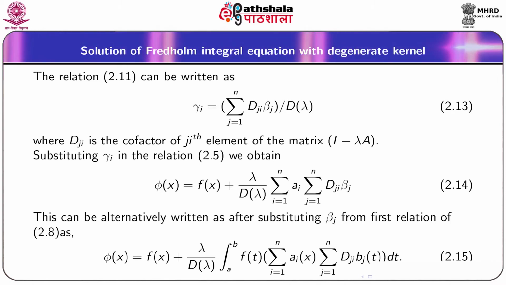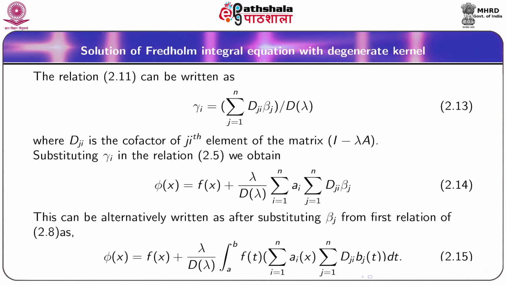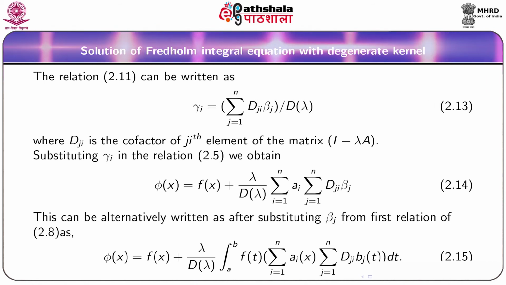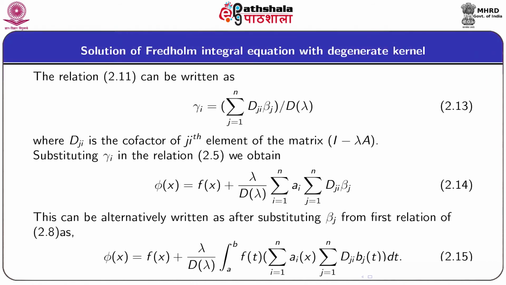Now in equation 2.14, beta_j is the known function which is written as an integral of two known functions. If we substitute beta_j from the first relation of equation 2.8, then we can write phi(x) in the form as given by 2.15.